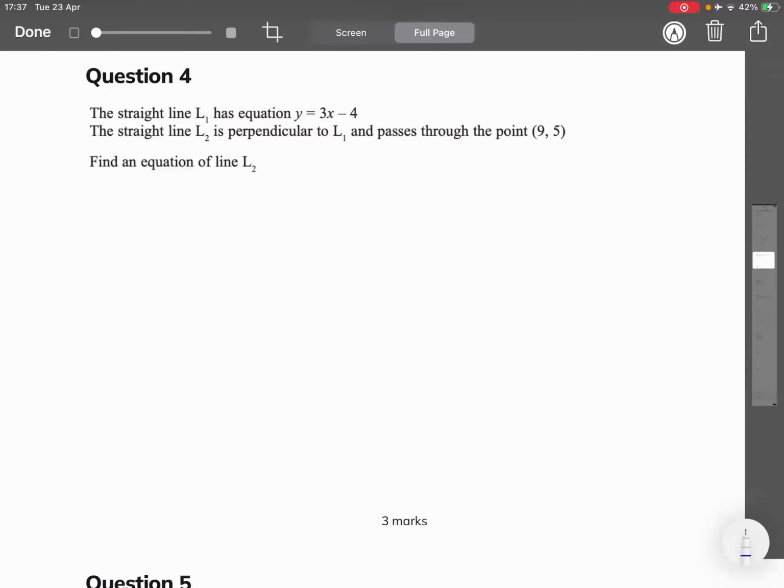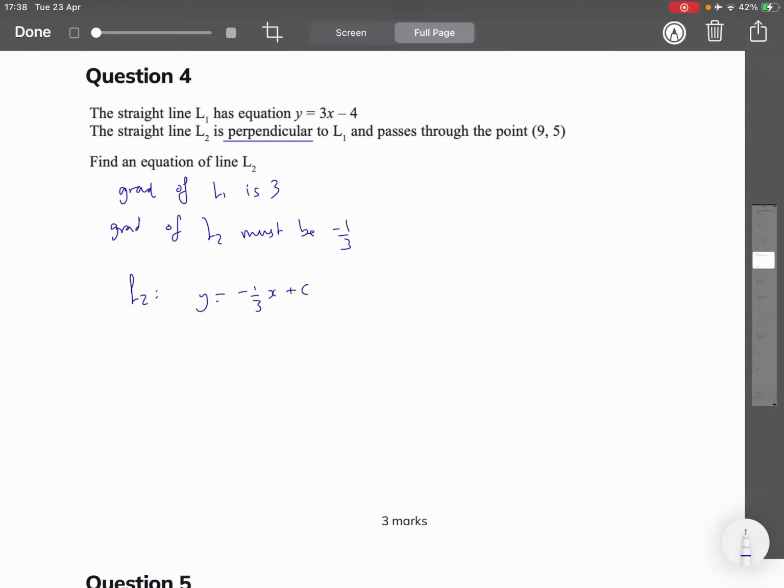So for this one, we know that the line is perpendicular. Whenever a line is perpendicular, the gradient is a negative reciprocal. The gradient of line 1 is 3. So therefore, the gradient of line 2 must be minus 1 over 3. So the equation of line 2 is in the form y equals minus 1 over 3 x plus c.